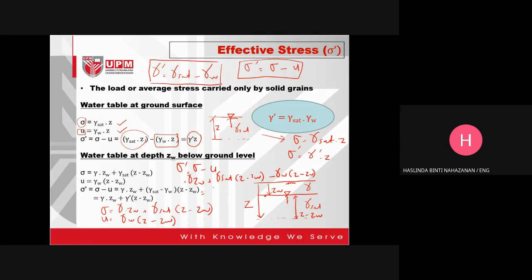So it is gamma ZW plus gamma saturated minus gamma W, which is the effective unit weight. So you have gamma effective multiplied with Z minus ZW.